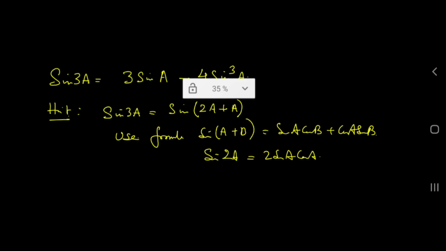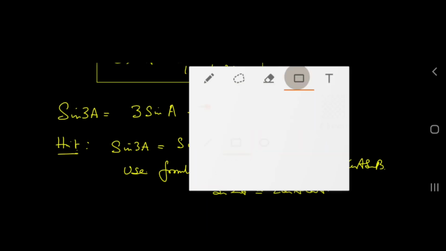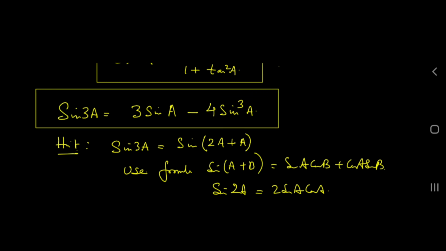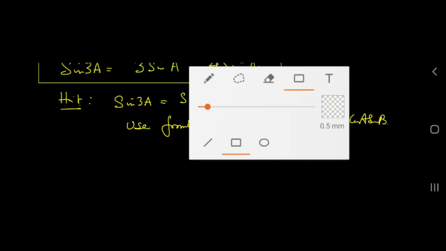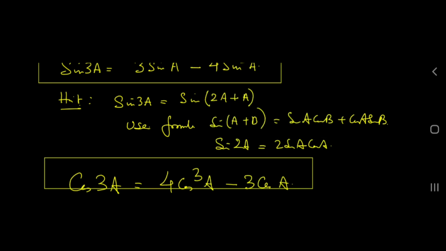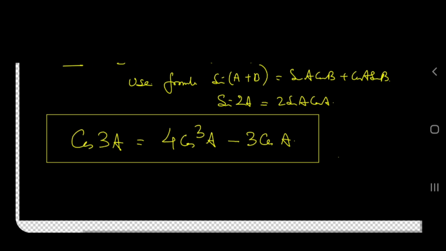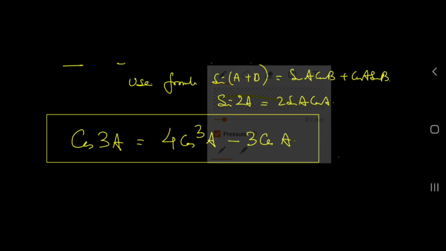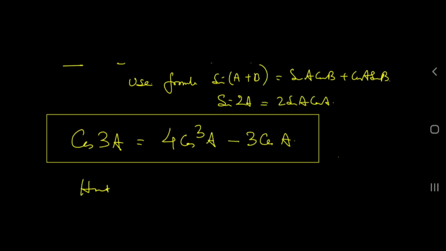Next one, I'm making a box, it's a formula: cos 3A means 4 cos cube A minus 3 cos A. So this is also a formula. Try to derive this with the help of a hint. Let me tell you.